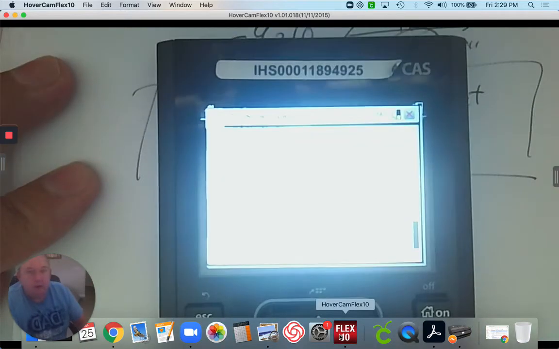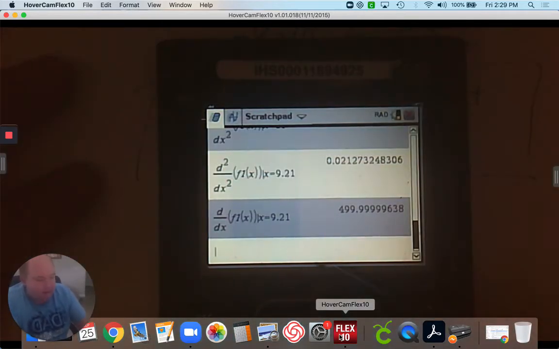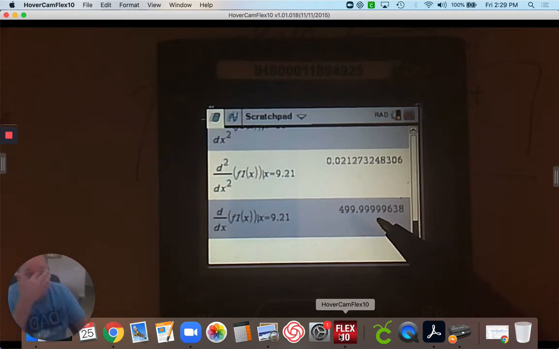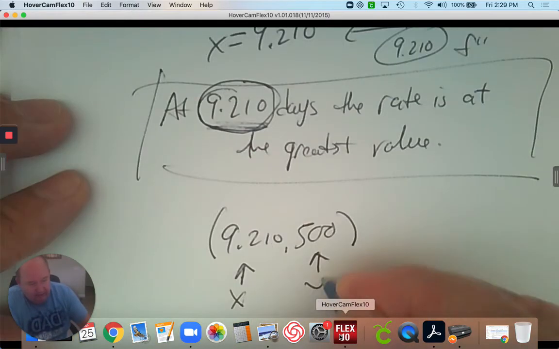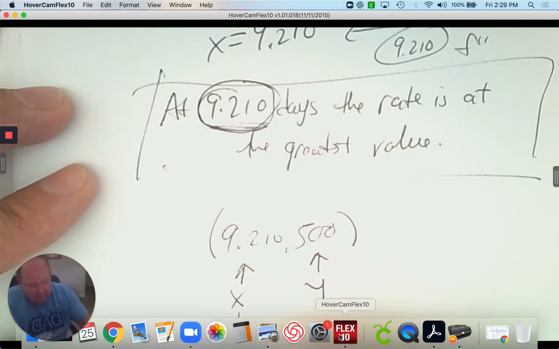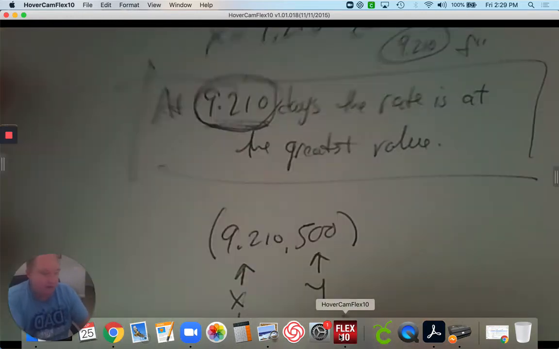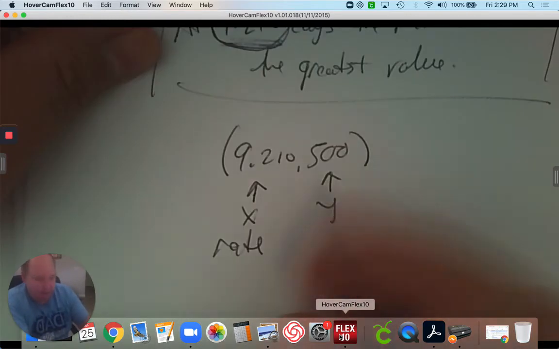Okay. So I found the x value to be 9.210. Then I plug that into the first derivative to find the y value for the first derivative. So what's the greatest value of the first derivative? We used the second derivative to find a maximum, but that x value I plug into the first derivative to find the y value, and that second number is 500. So we have an x and the y. This is the rate, people infected per day.